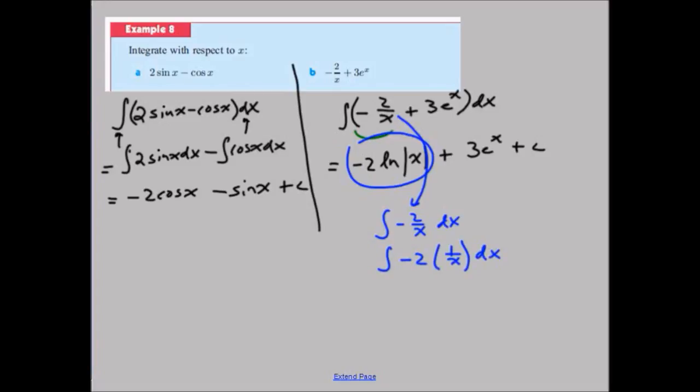That's a constant number, so we could move it outside of the integral sign. And this part here is just the rule that we had. So that is ln absolute value of x. And of course, we need our constant of integration.